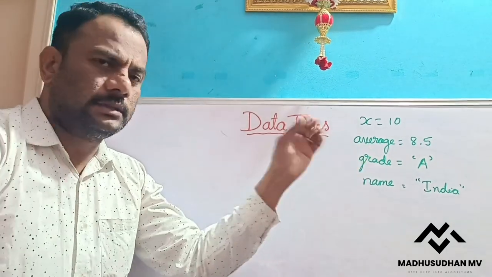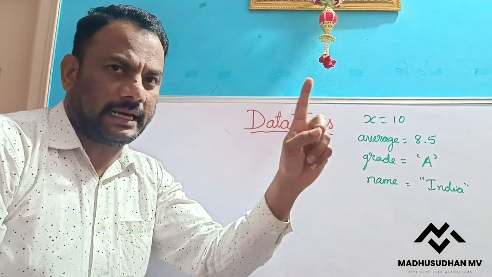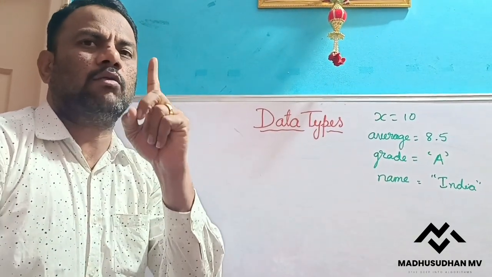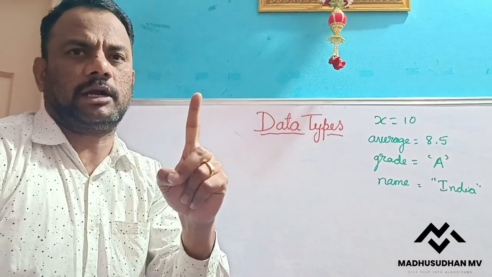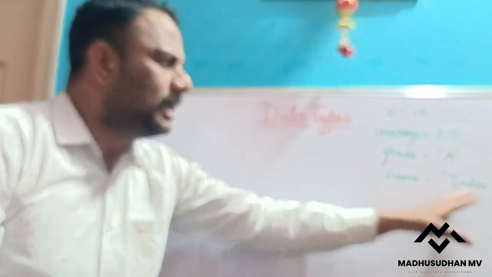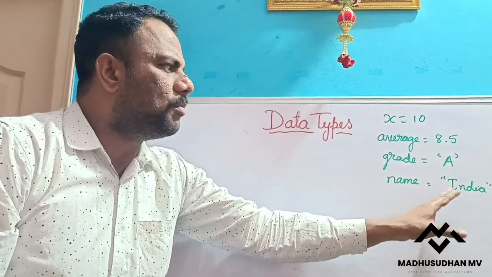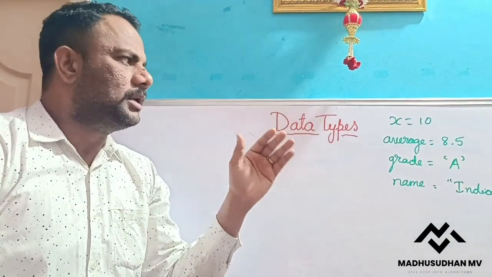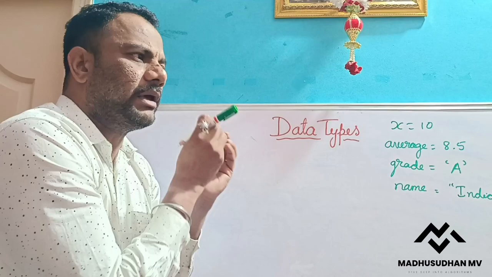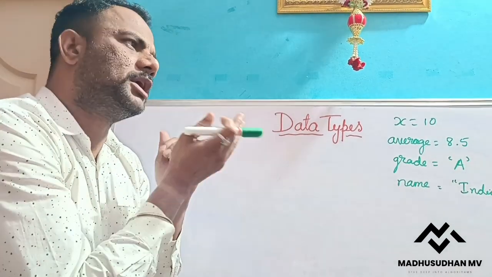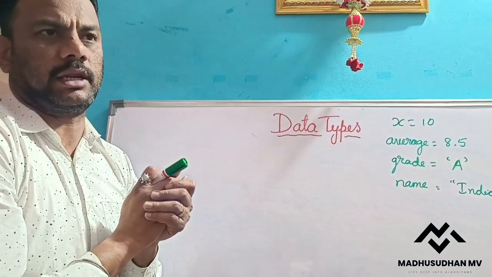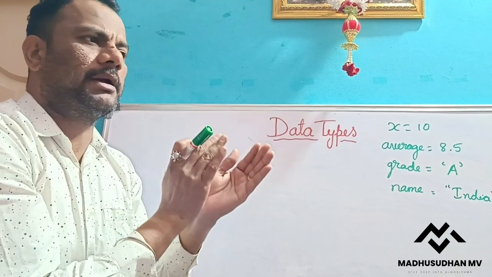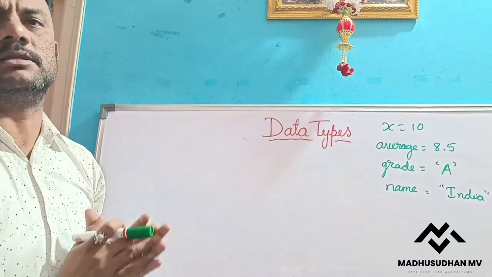If I inform it that I am using a single character in a variable, it will allocate only 1 byte of memory. Similarly, for a character string, it allocates memory according to the number of characters. So through the data type, we inform the compiler what type of data we are storing in the variable, and accordingly the compiler will reserve and allocate the memory.